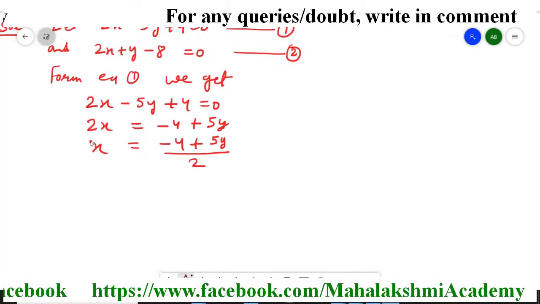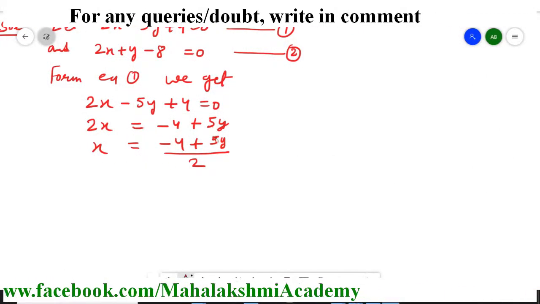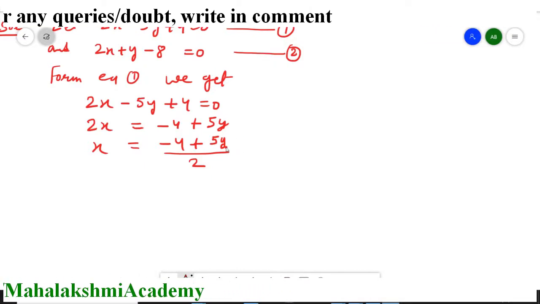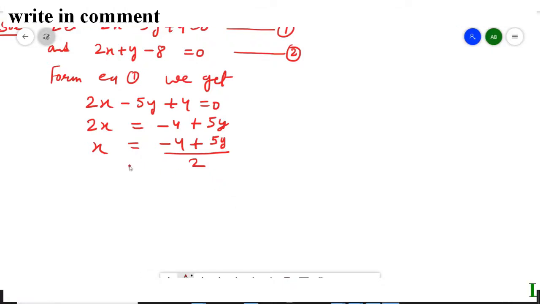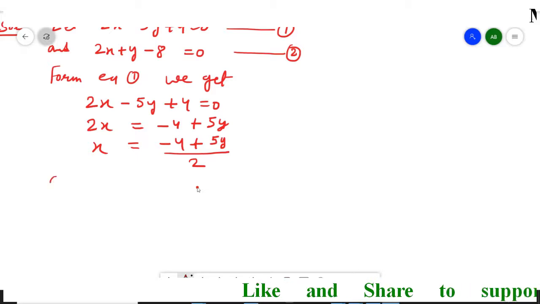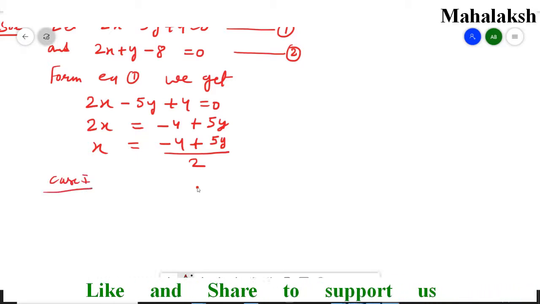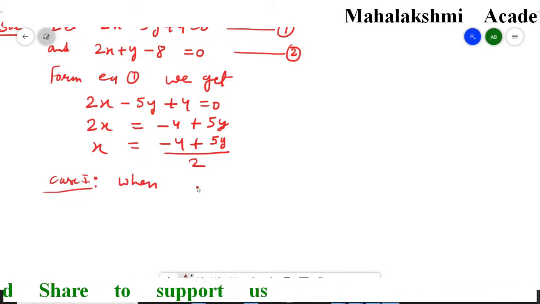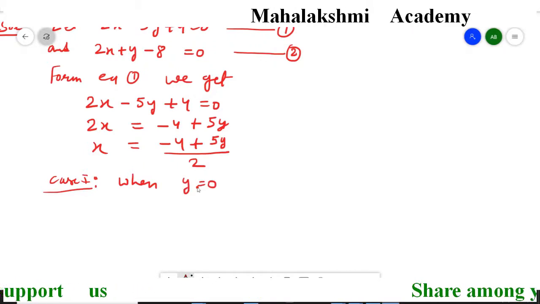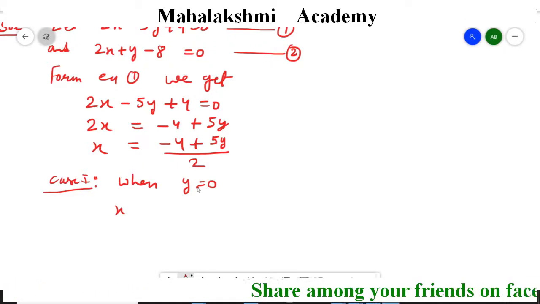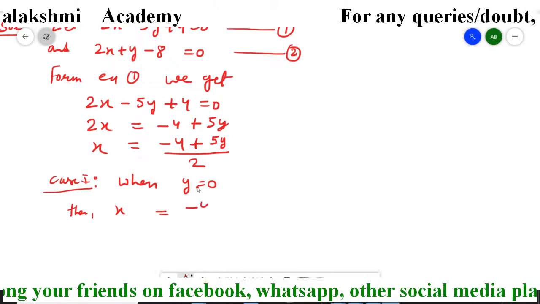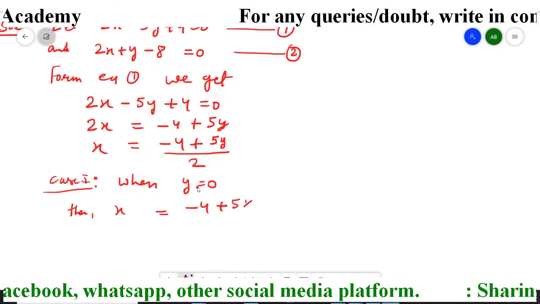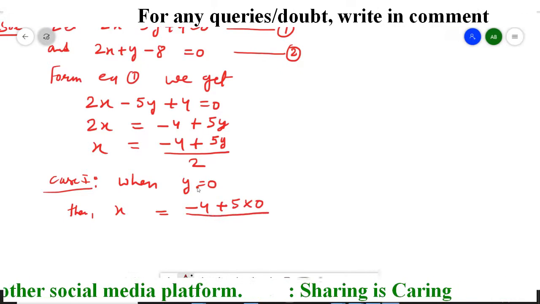Now we have to calculate the coordinates. Since I shifted y to the right hand side, the y value we have to assume, and corresponding to that we get the values of x. We have to get 3 cases. Case first, when y equals 0, any value you can assume. I am starting with 0, so x is equal to minus 4 plus 5 multiplied by 0, divided by 2.